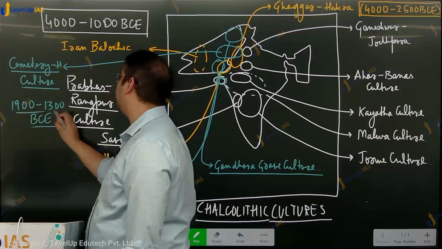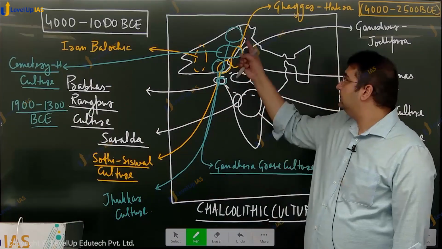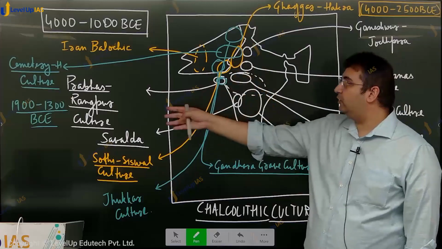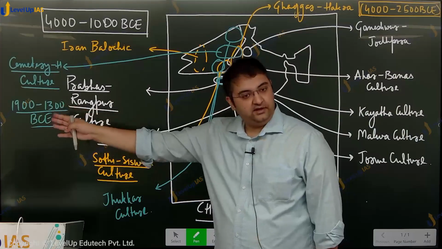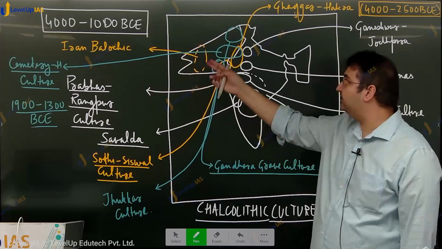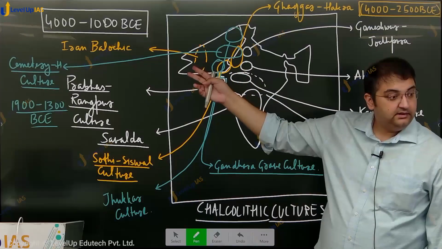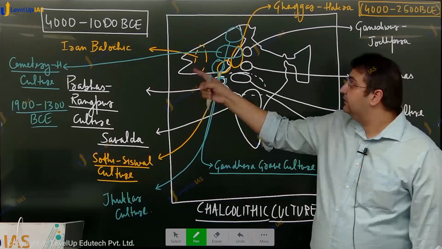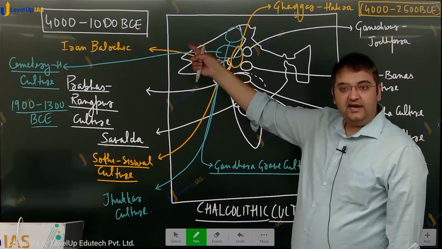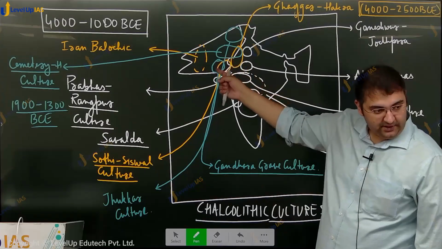BCE, right? Now, since by this point of time, especially from 1500 BCE onwards, a number of foreigners had started to come and settle in this region. Who were these people? The Aryans, right? Therefore, some of the cultural attributes of the Aryans were also absorbed by the people of the late Harappan cultures.